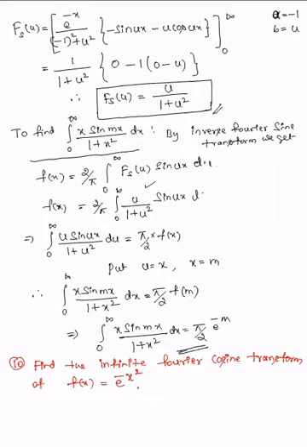Here, I want to find the Fourier cosine transform. So I'll write the formula first. We know that Fc of u, the Fourier cosine transform, is the integral from 0 to infinity of f of x into cos ux dx.